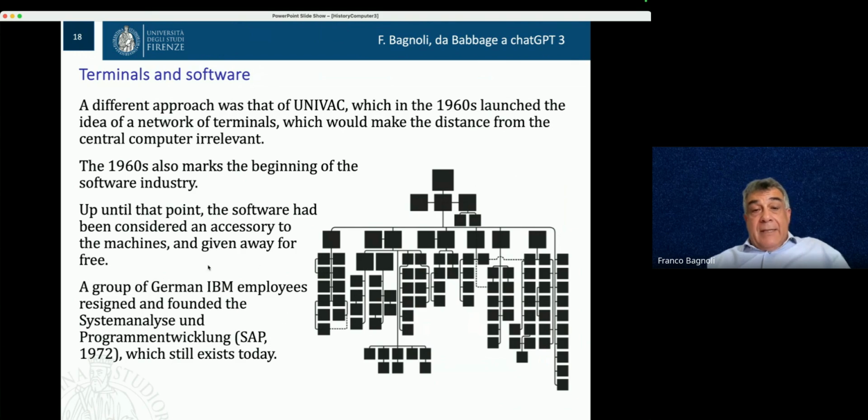And the other point, also everything happened in the 60s, was about software. Up to this time, software was considered essentially the same as the software you have in your car.